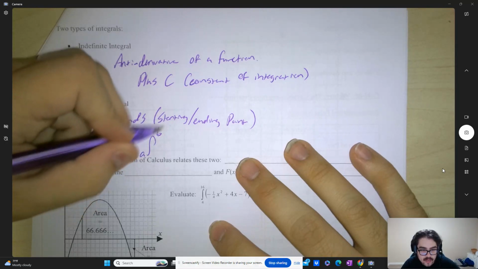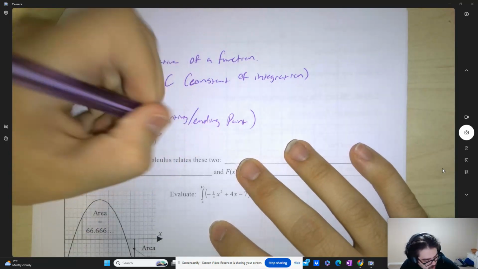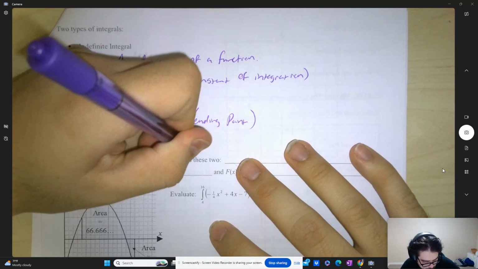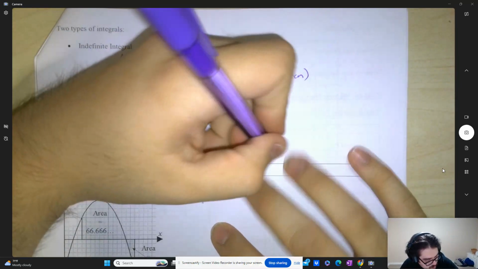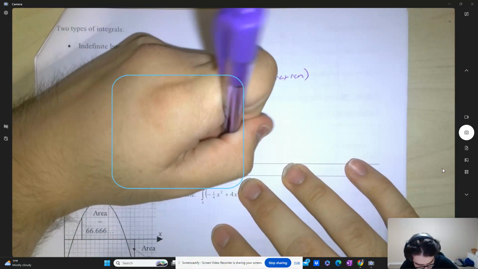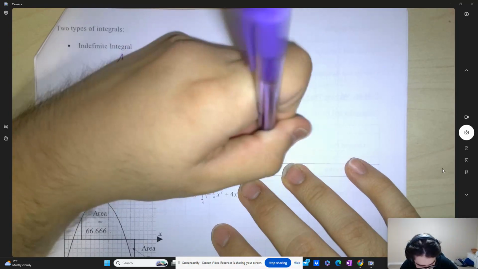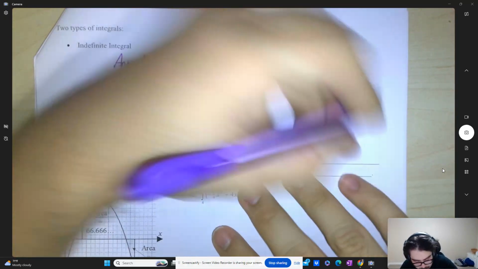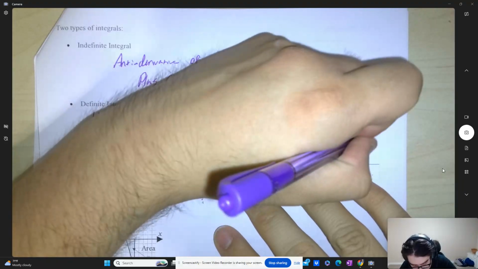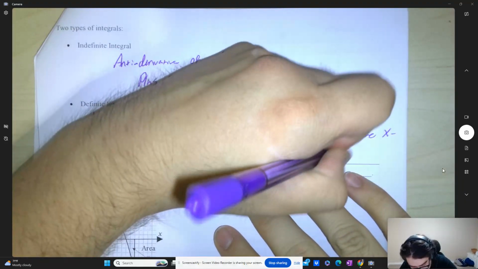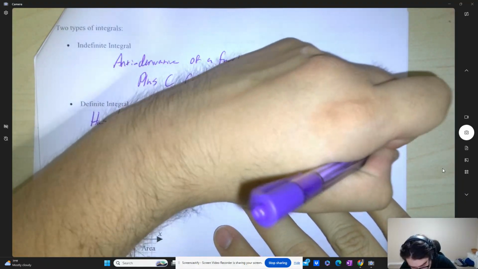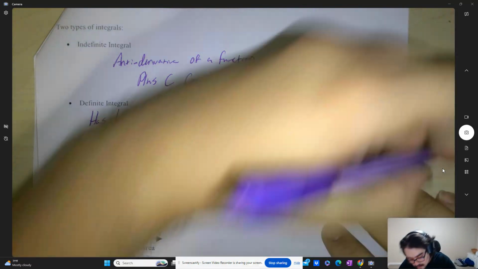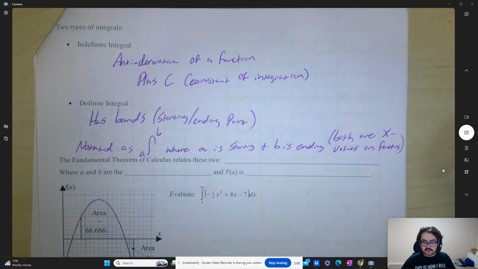This is the lower bound, upper bound, where a is starting and b is ending. Both are x values on the function.